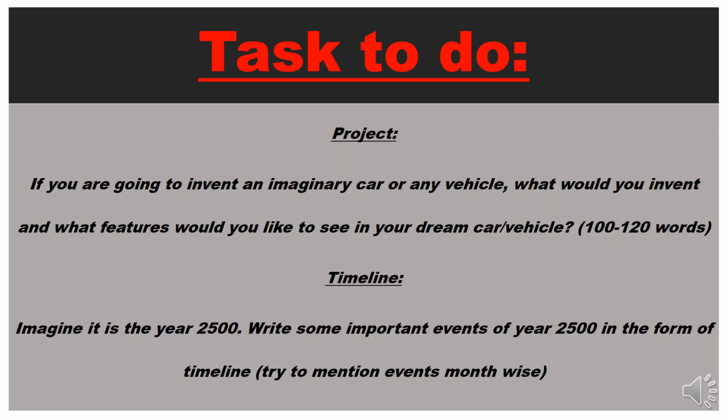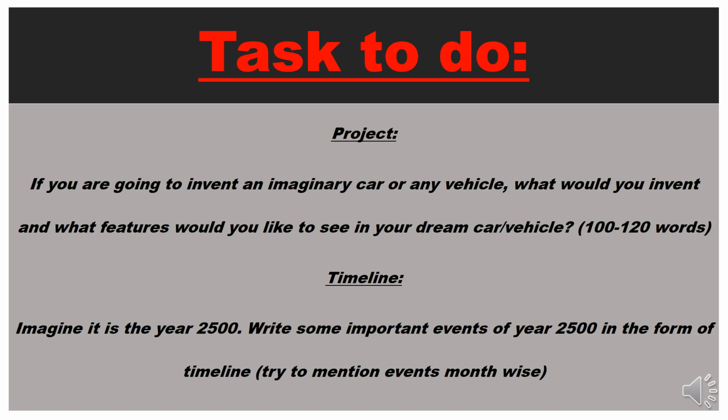Okay, by keeping the above given explanation in your mind, you have to complete these two tasks. Number one, you have to make a project, and the next is a timeline. The project is, suppose you are going to invent an imaginary car or any vehicle, what would you invent and what features would you like to see in your dream car or vehicle, right?